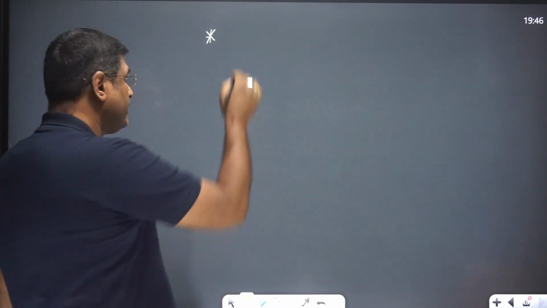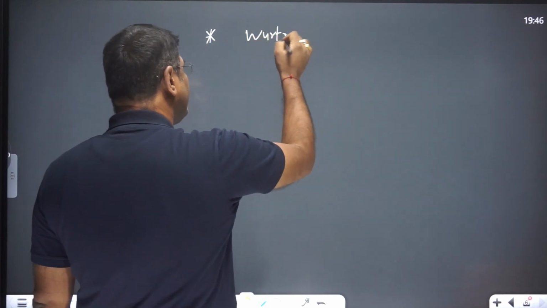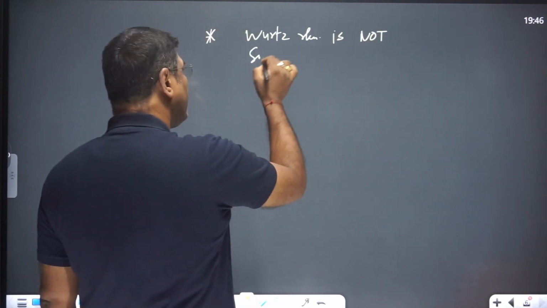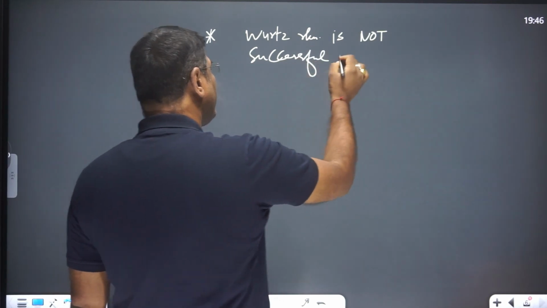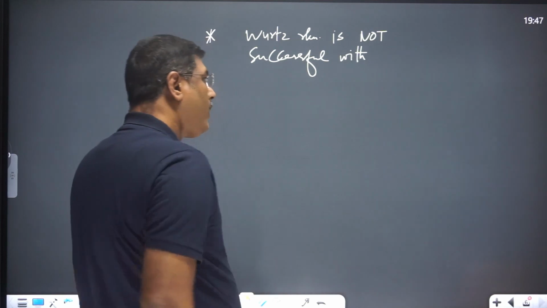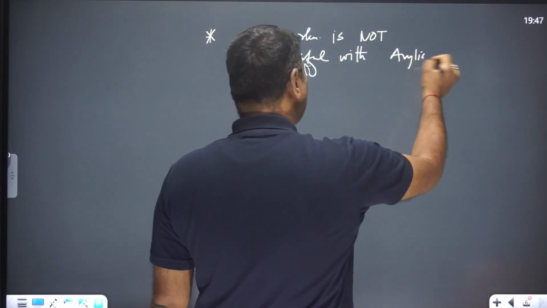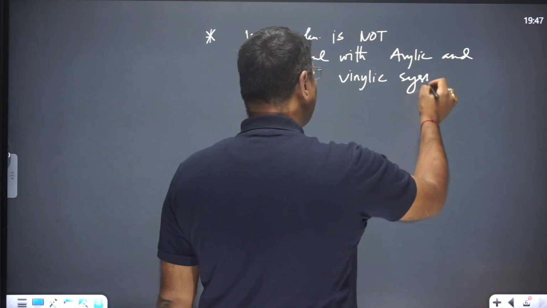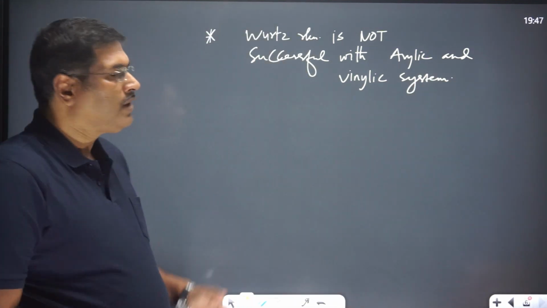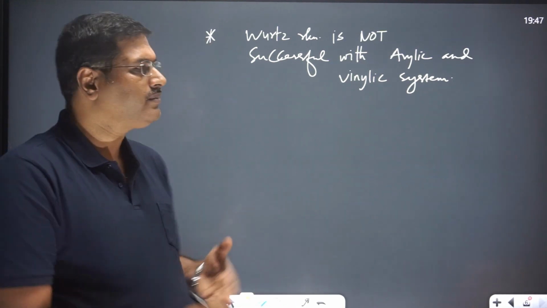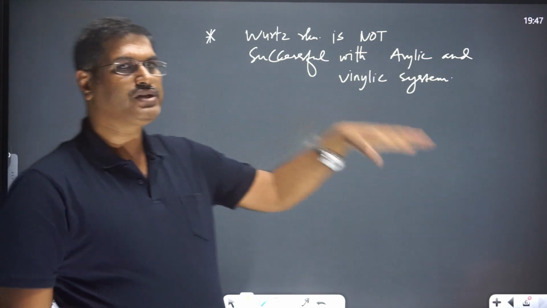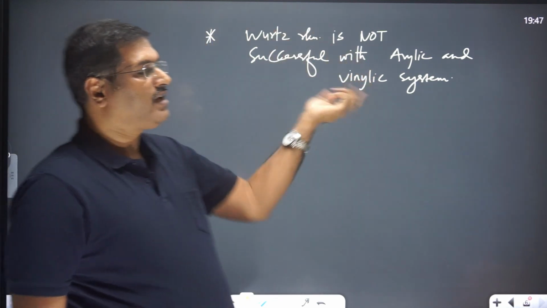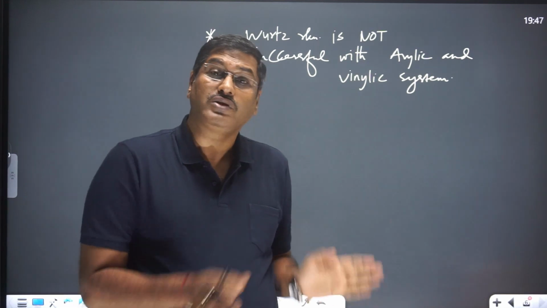This Wurtz reaction is not successful with aryl and vinylic systems. Although a process modification is there, called the Fittig reaction, in general understanding, Wurtz could not synthesize coupling of aryl halides or coupling of vinyl halides in this process. Right? So this is the limitation.